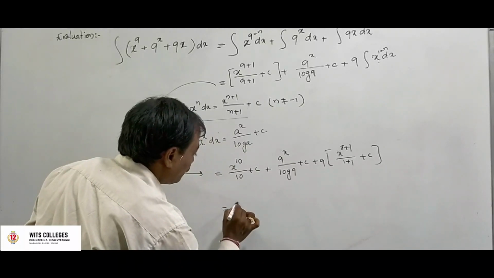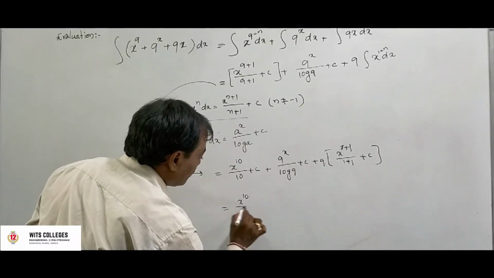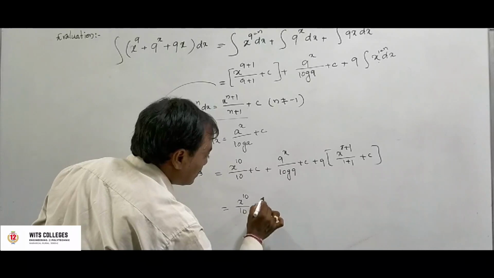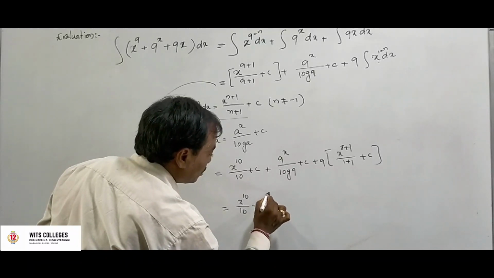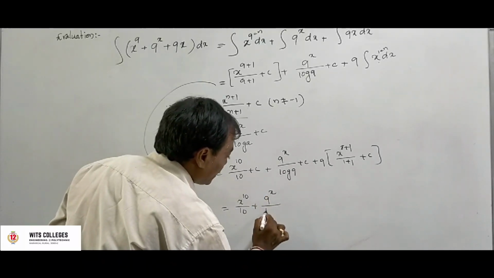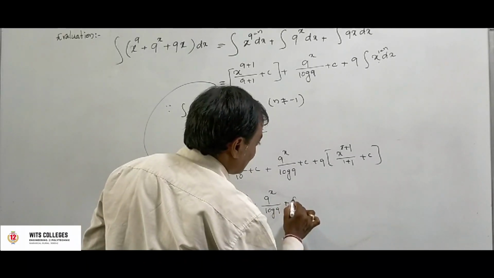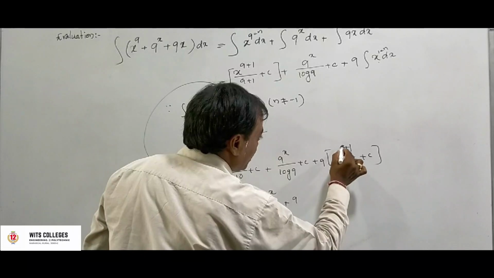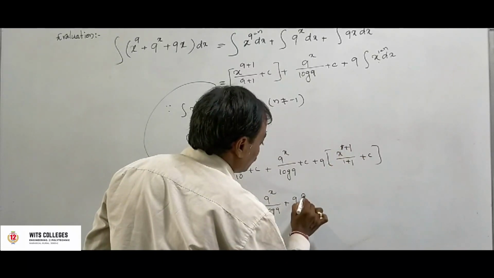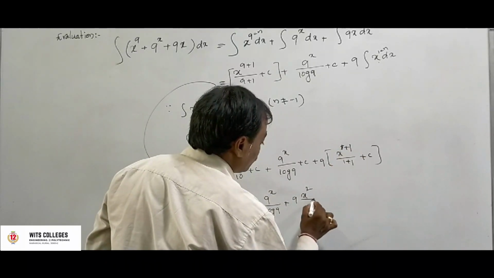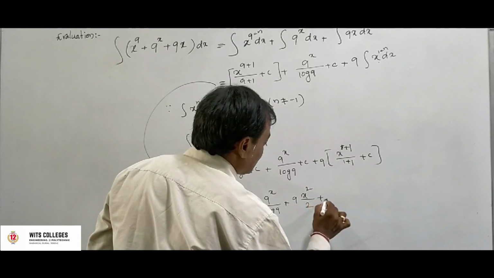And this is equal to x to the power of 10 by 10 plus 9 to the power of x by log 9 plus 9. This becomes x to the power of 1 plus 1 equal to 2, x to the power of 2 by 2 plus.